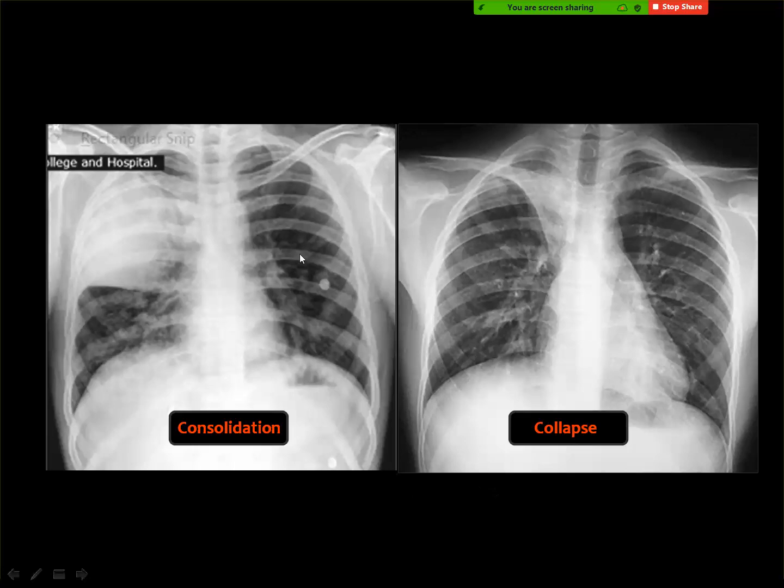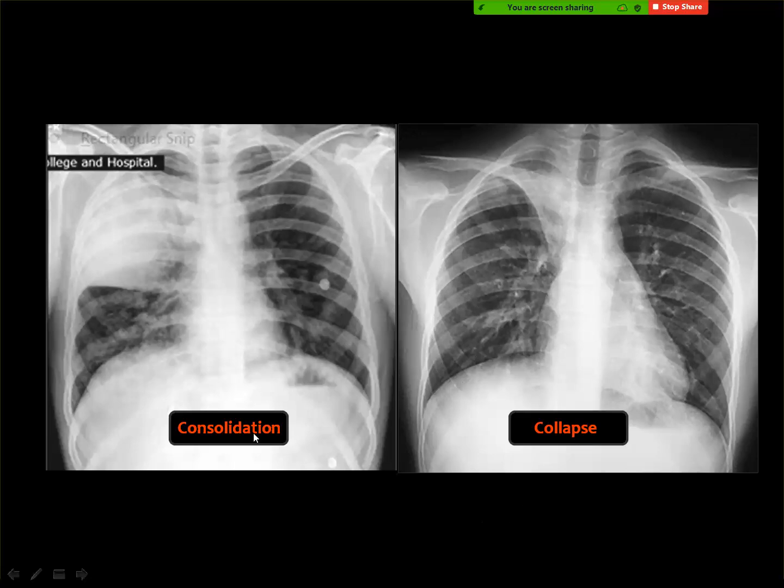Consolidation means opacification of the whole lobe with internal air bronchogram. Collapse means loss of volume of the whole lobe, and you can know this by the displacement of the fissure, the crowding of the ribs, and so on.